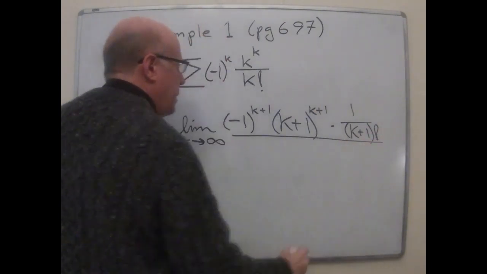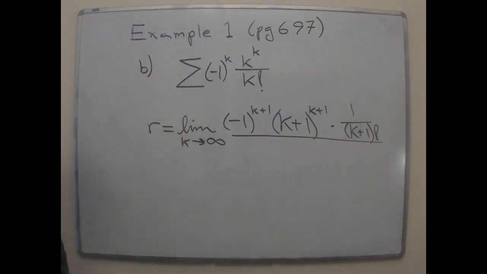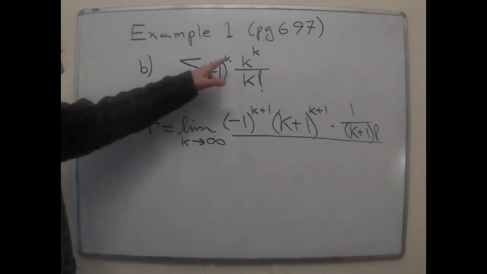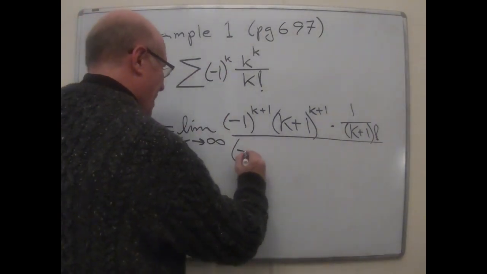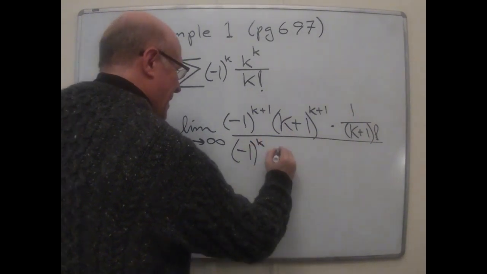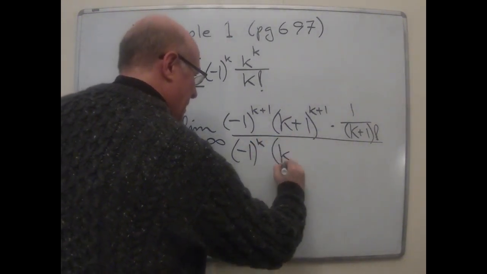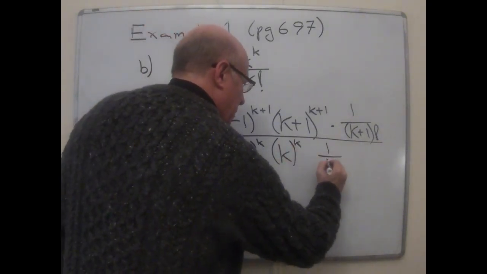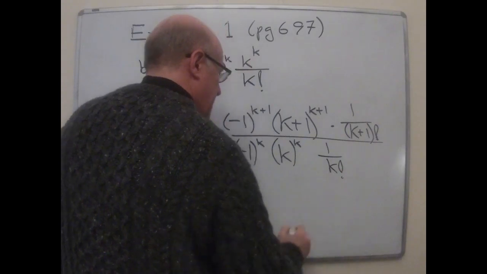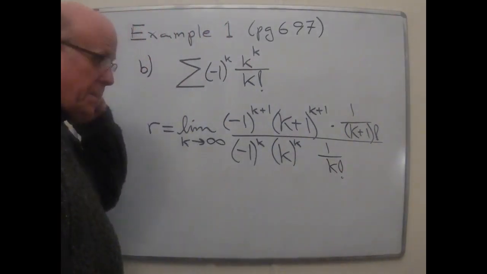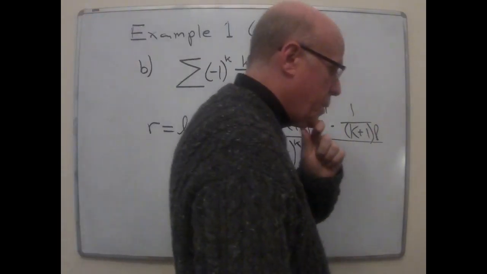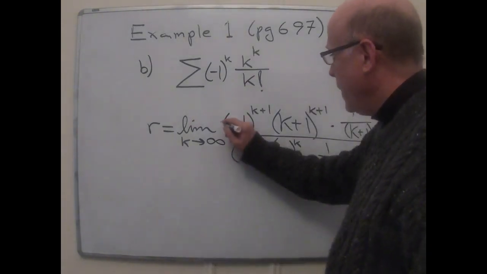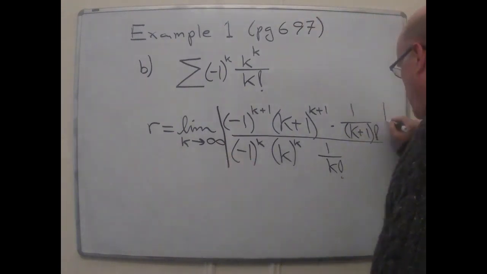What's in the bottom is the same thing, but with the k's left as k's. Anyway, minus 1 to the k, k to the k, and 1 over k factorial down here. And actually, didn't the ratio test say I looked at the absolute value of that? Sure enough, yeah. So I want the absolute value of this mess.